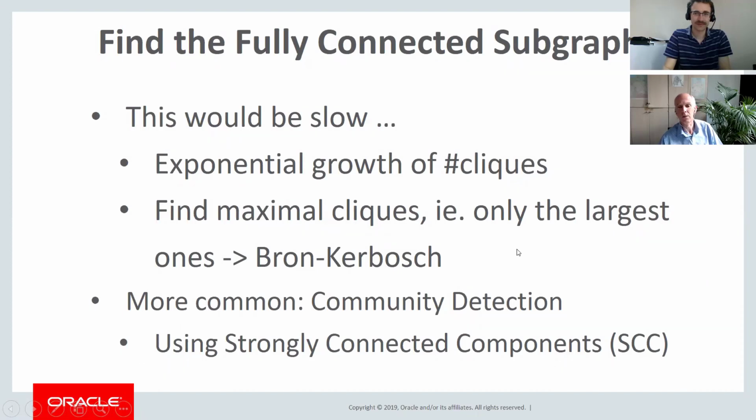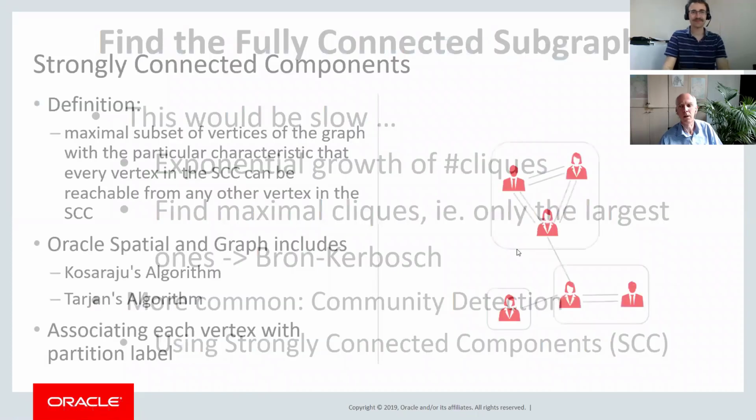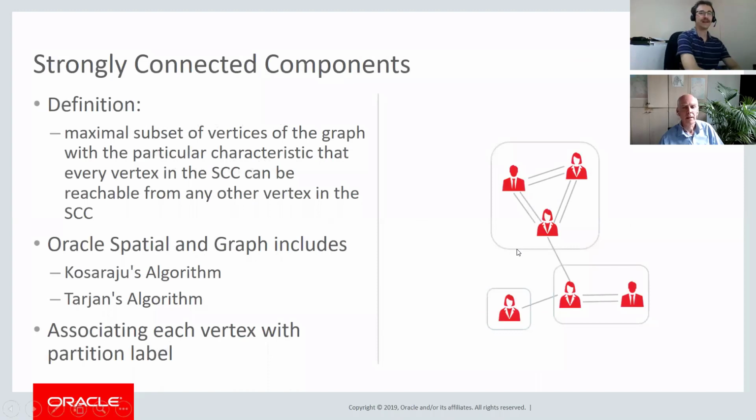So if you move to the next slide. Right? So strongly connected components, what does that mean? Strongly connected components are the maximal subset of vertices of the graph with the particular characteristic that every vertex in this connected component can be reached from any other vertex in the component.